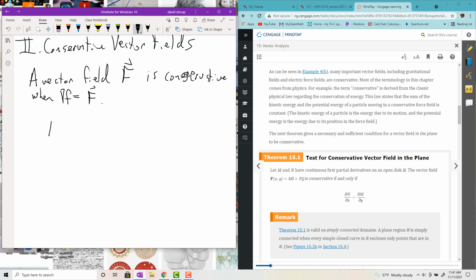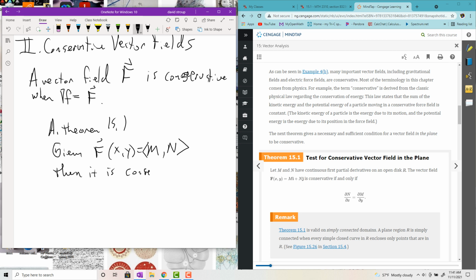So theorem 15.1: if you're given this vector field M comma N, then it is conservative if and only if the partial of N with respect to x is equal to the partial of M with respect to y.